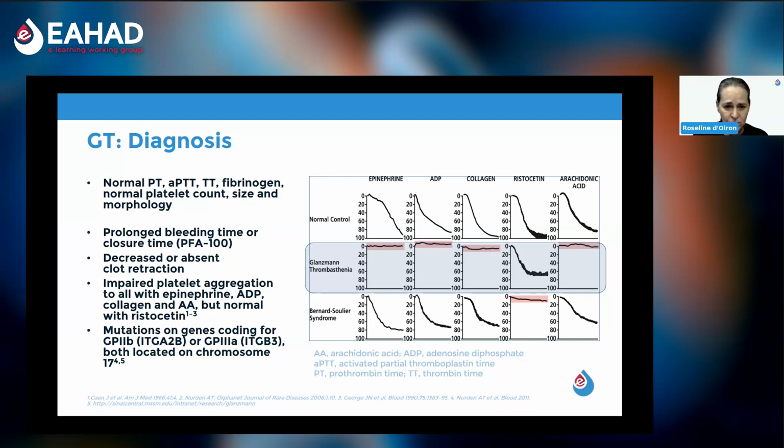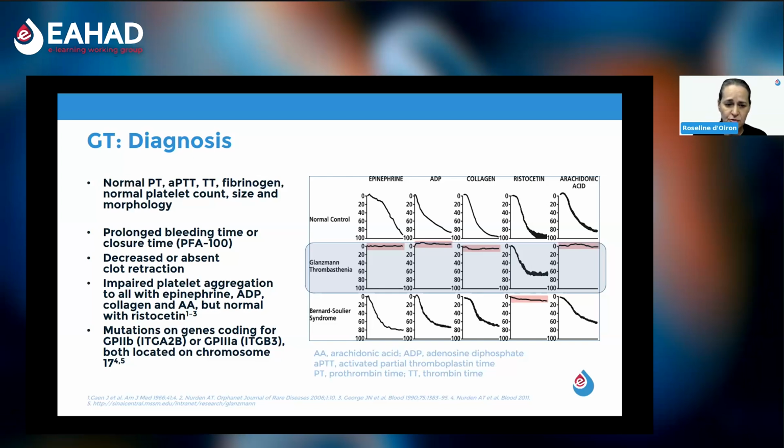The platelet count is, in the majority of the cases, normal or slightly reduced, and the size and the morphology of the platelet is normal. However, you have a prolonged bleeding time or closure time with the PFA, and you usually have a decreased or absent clot retraction, even if this test is not performed on a regular basis nowadays.